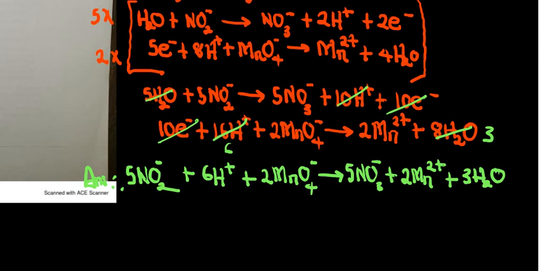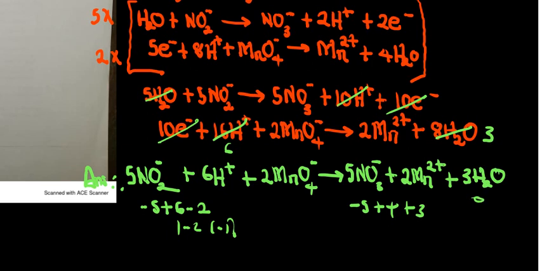So let's find out. So here I've got -5 plus 6 right there, minus 2. What is -5 plus 6? That is a 1. A 1 minus 2 is going to give me -1. So on the side of the reactants, I've got -1. Let me find out this side. This is -5 plus 4 plus 3. Sorry, this is -5. This is plus 4, and this is a 0.